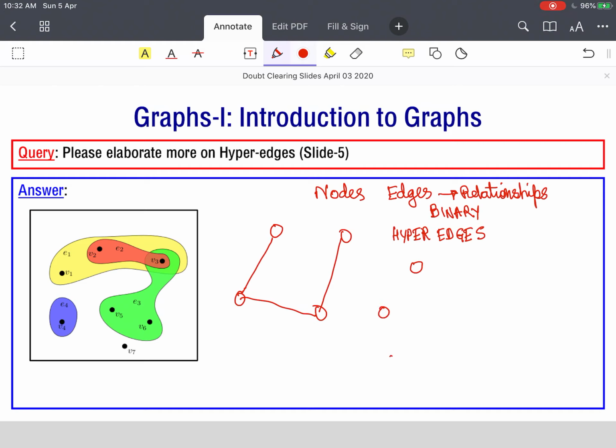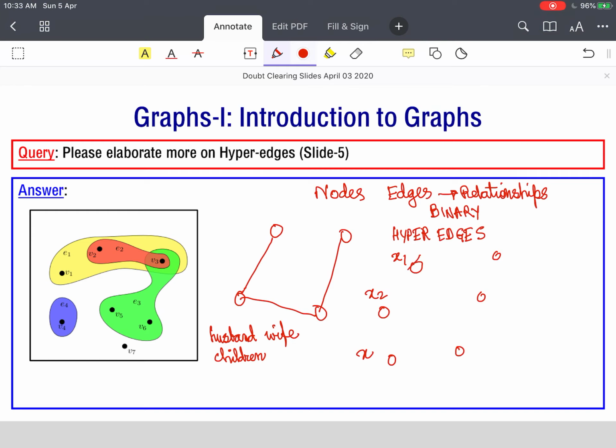Consider a relationship of a family, and let us say that these are persons in a family, and the relationship is a connection if they are part of the same family, which means the husband, the wife, the children. Suppose that this is the relationship.